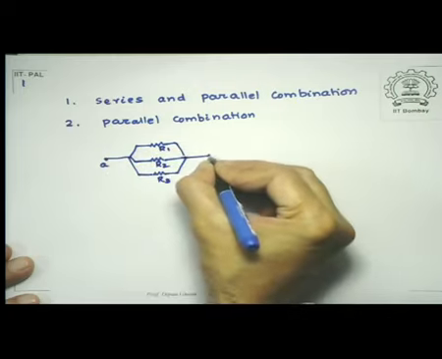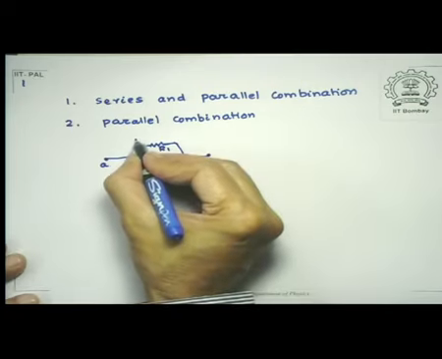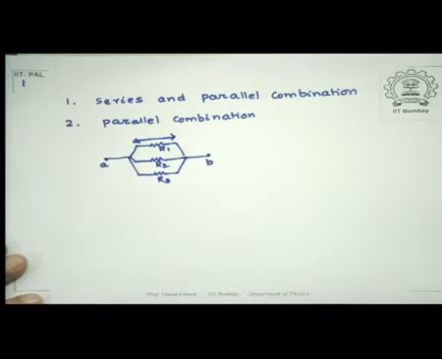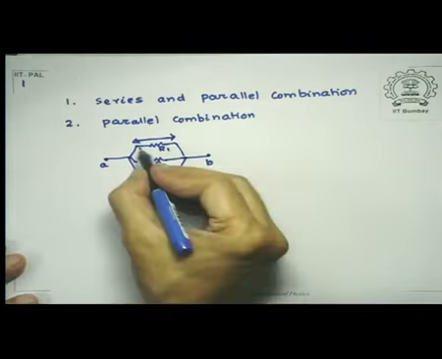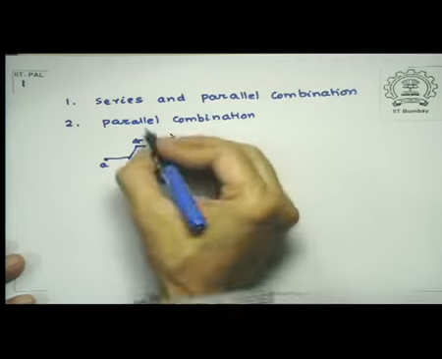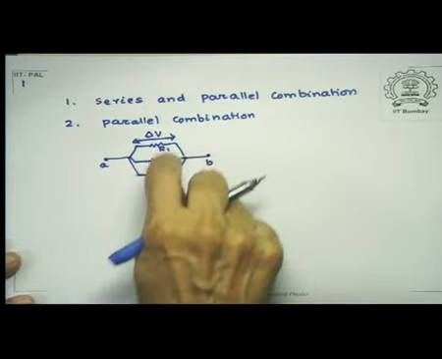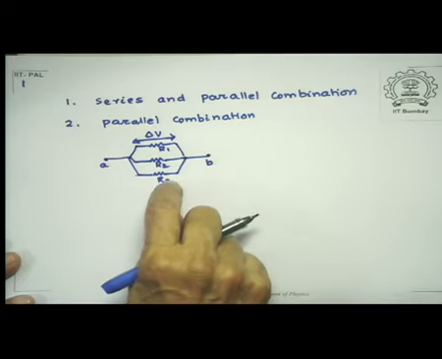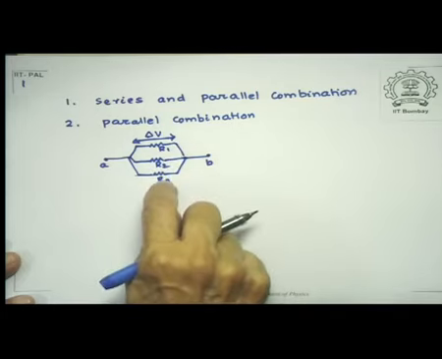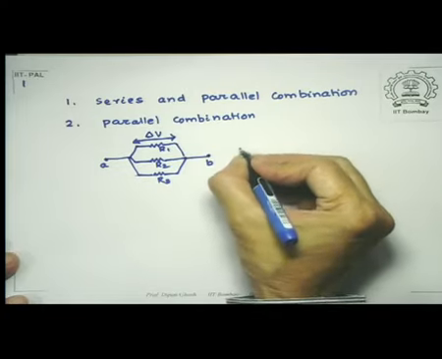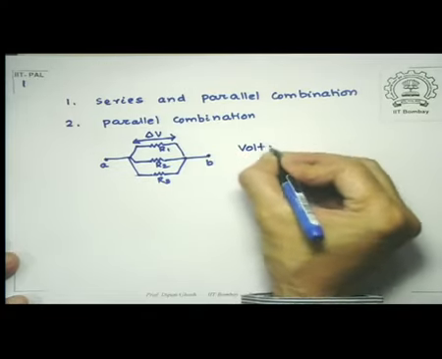So what we are saying is this, that the drop in the potential, if you go through the resistances, whether you go through this or that, is the same, delta V. So this would mean that since the values of resistances are different, the current in the branches would be different. So we will say that voltage across each member is the same.